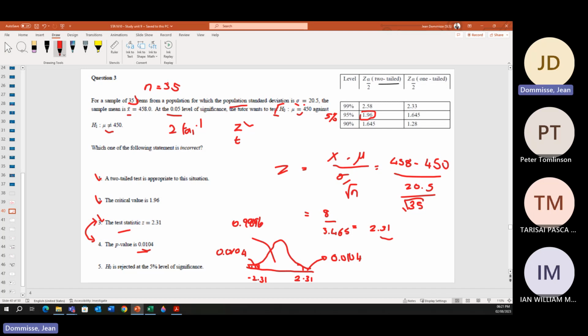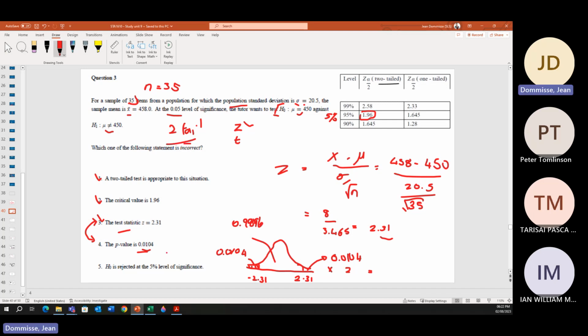So when we deal with a two tail, this small p-value we need to multiply by 2, because on the right hand side there's a p-value, but on the left hand side as well. So we will need to multiply by 2 when we're working with a two tail.